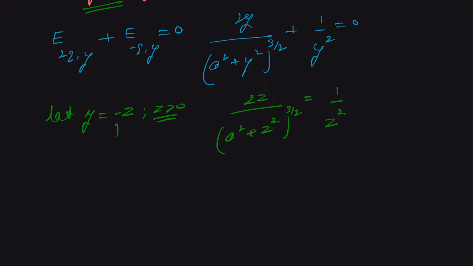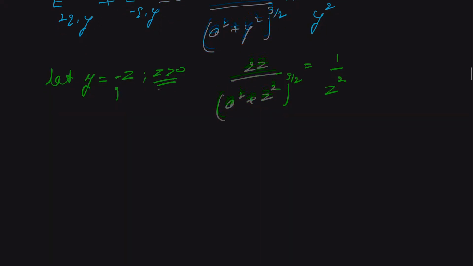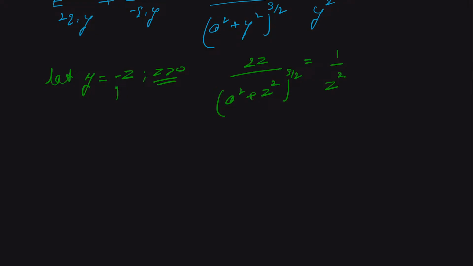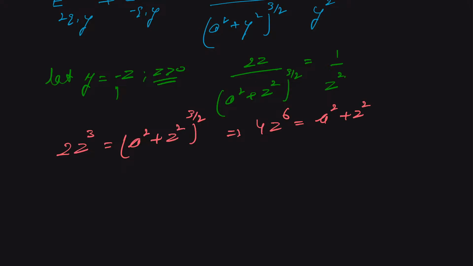And therefore we can write this as our 2z cube is equal to a square plus z square to the power 3 by 2, or we can say that our 4z^6 will be equal to a square plus z square whole raised to power cube.